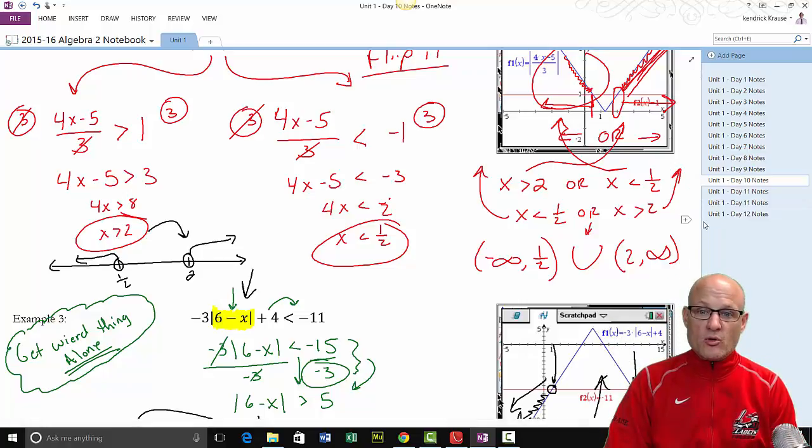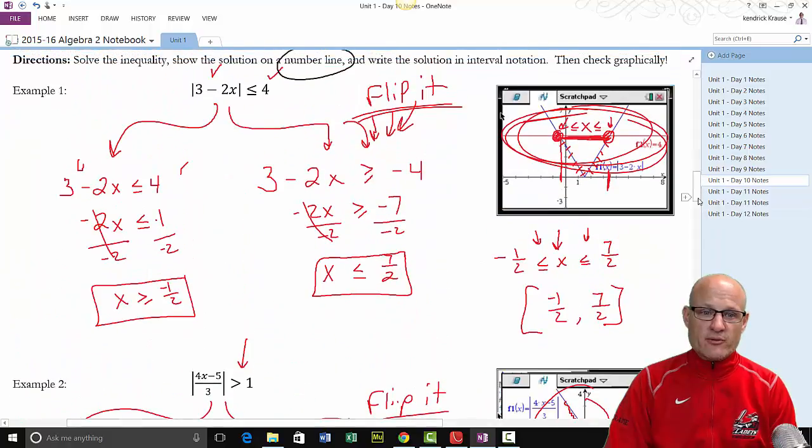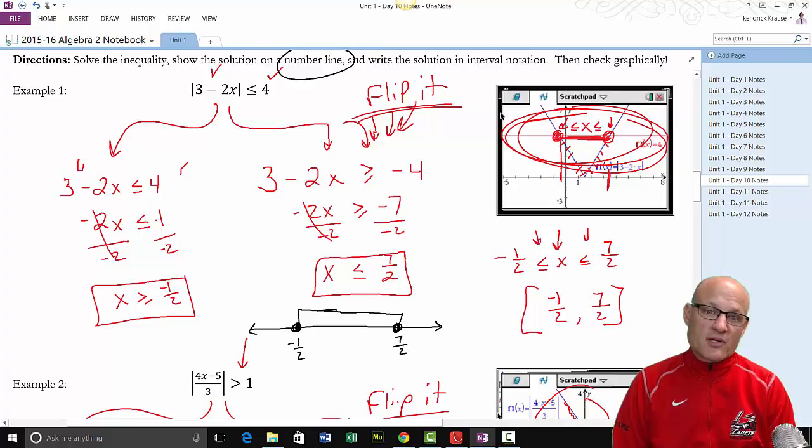Over here, I believe this was the and, right? So if I was to graph this one on a number line, I would say, okay, here's -1/2, and here's 7/2. It's over here somewhere, closed circles. And we said we're going bigger than that and less than that. Oh, connect the dots. All right, let's take a look, see what we got here.